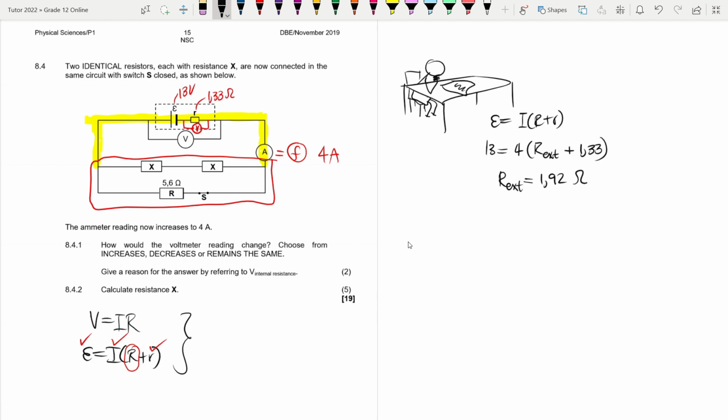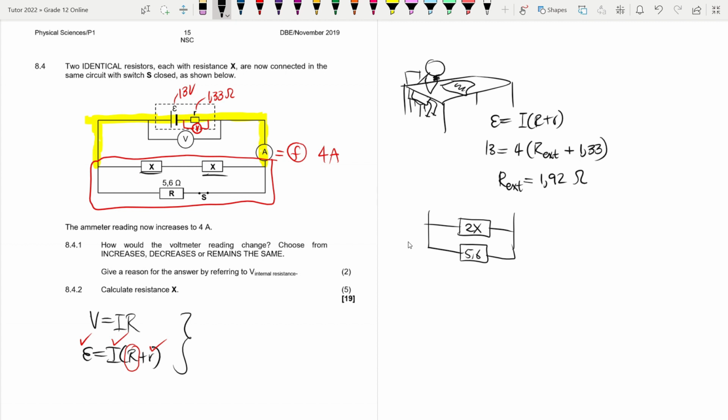Now that we have the total external resistance, this is where you have to think about simplifying your circuit. 5.6 and X are in series, so what can we do about them? We can add them together, because in series we just add.